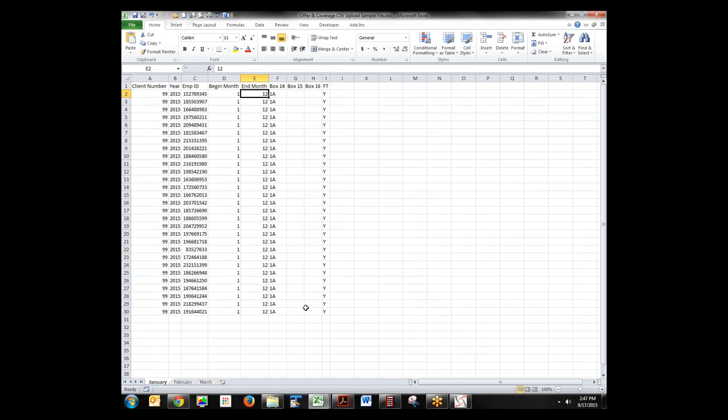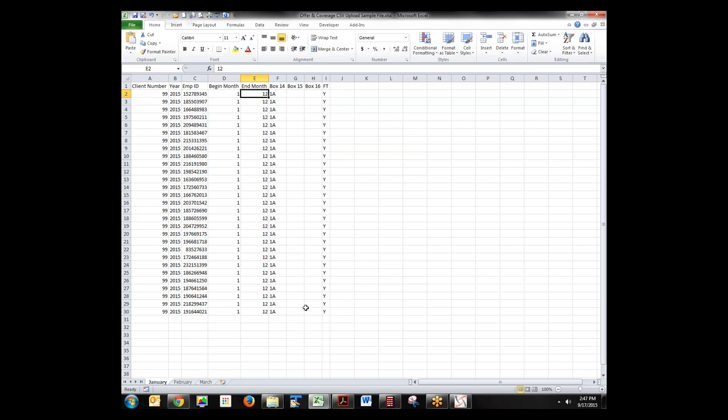We're also planning on doing an enhancement. It's in development now, where instead of going back and editing the record yourself, the system will edit the record for you automatically. So let's say an employee started out January 1st, and we submitted a record of 1 to 12. We were assuming the employee was going to be employed the entire year, and so we're giving them an offer of coverage 1A for the entire year, 1 to 12.